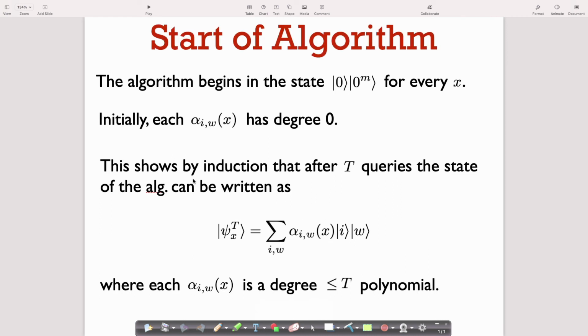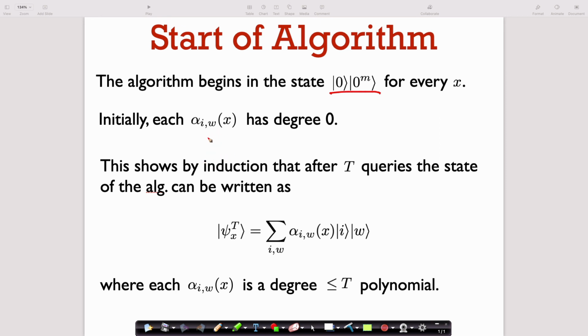And furthermore, for the base case of the induction, since we start out in this fixed all zero state, each of the amplitudes is just a polynomial of degree 0.